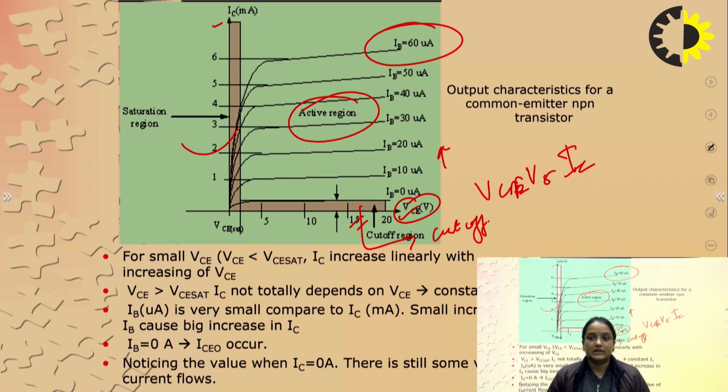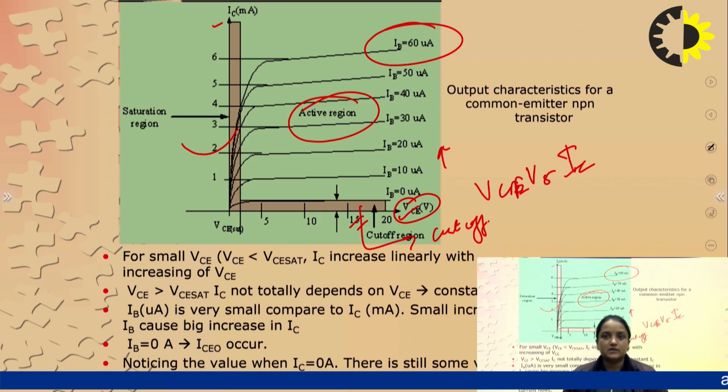Next, in this lecture we have discussed the common emitter configuration. Why common emitter? Because it is widely used in all the applications, because it offers high voltage gain, current gain and power gain. We have discussed the common emitter configuration, its basic circuit diagram and its input output characteristics, and how we plot them.